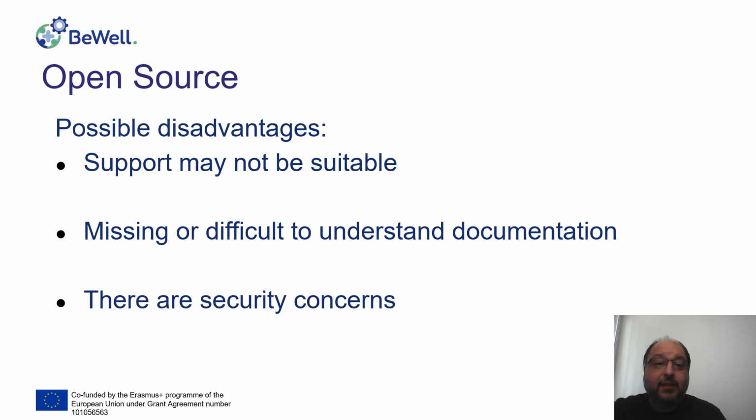And there are some security concerns about open source systems, and this is not because someone missed implementing security measures. The main issue is that because the systems are open source, their code is available to anyone, and the bad guys may look at the code and search for holes.